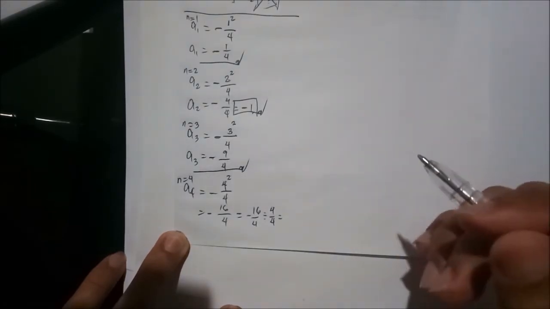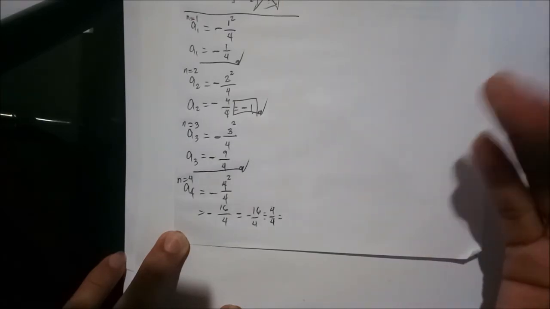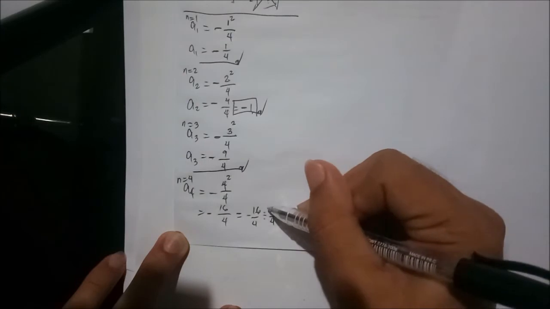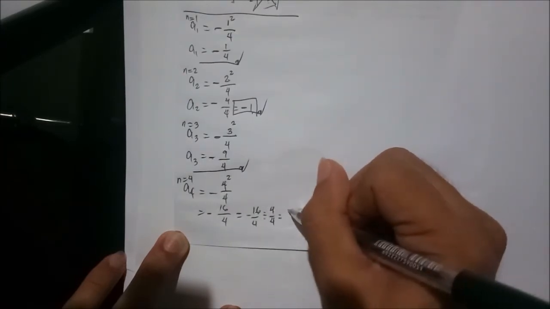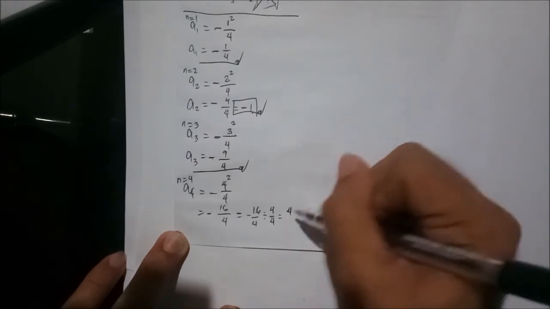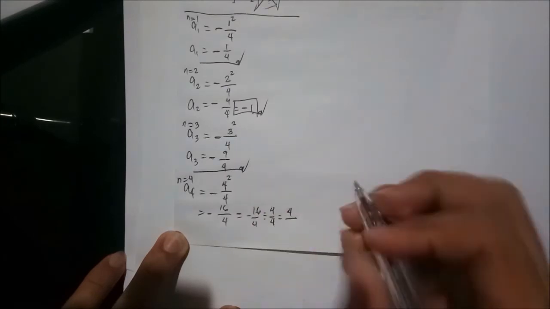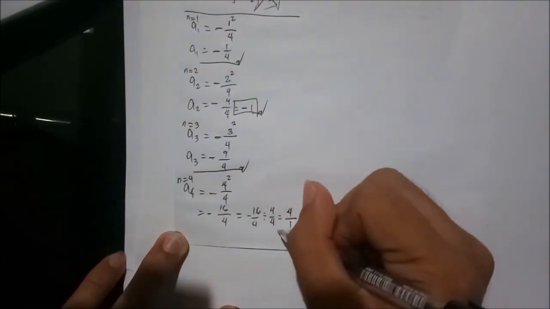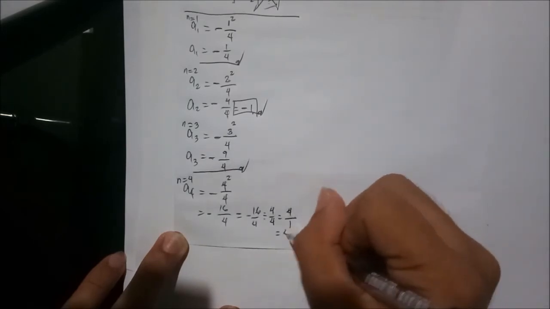If the fraction cannot be simplified, don't simplify. So 16 divided by 4 equals 4, and 4 divided by 4 equals 1.